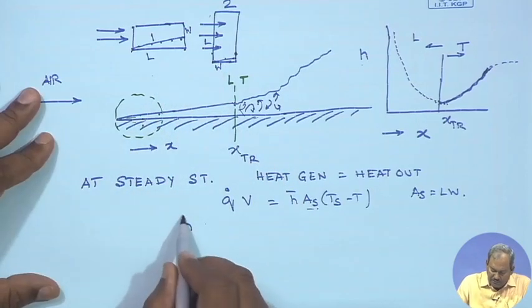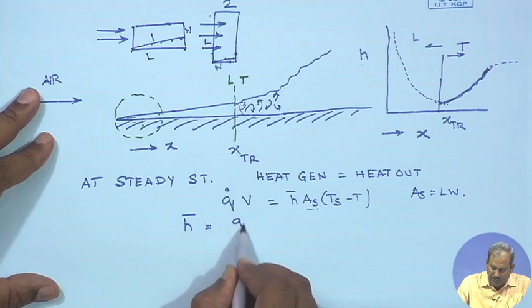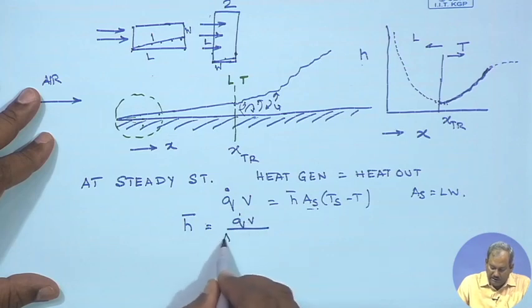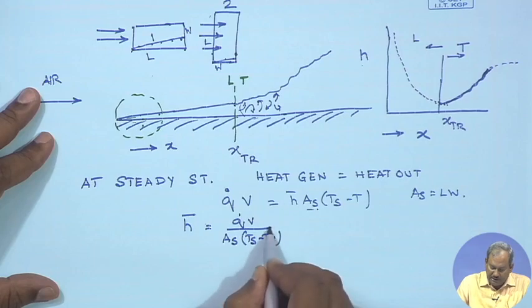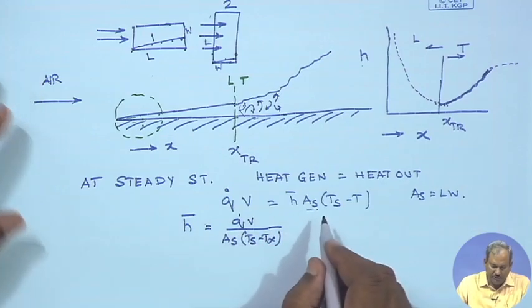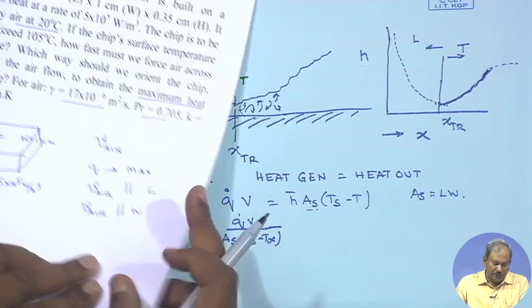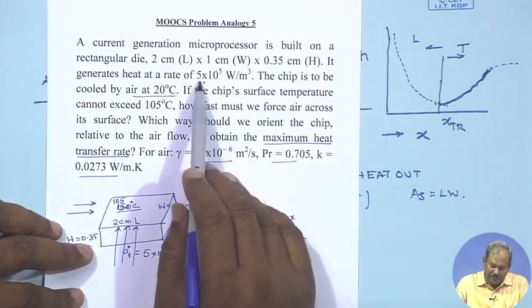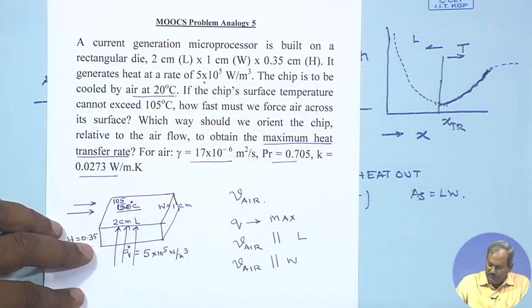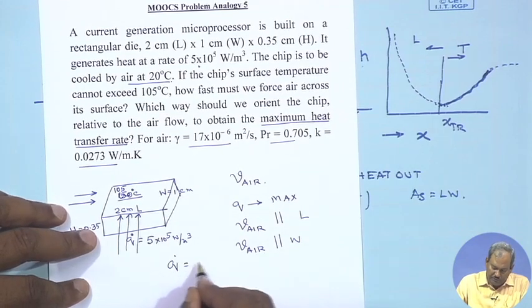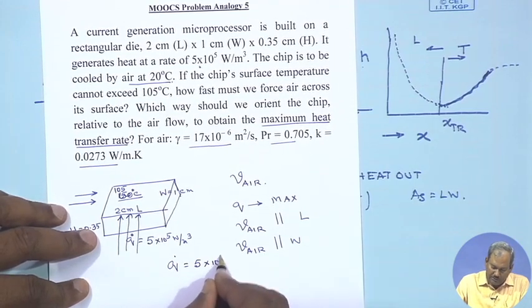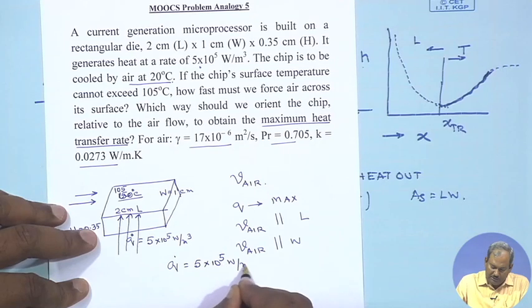So, the heat transfer coefficient would be equal to Q dot V by A_s times (T_s minus T infinity), and you know the value of Q dot is provided. Q dot is 5 into 10 to the power 5 watt per meter cube.